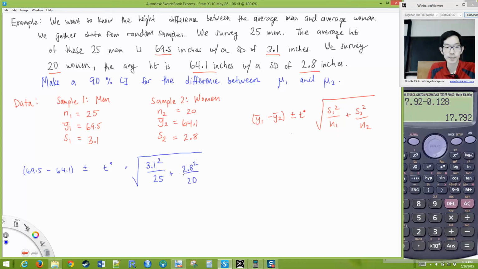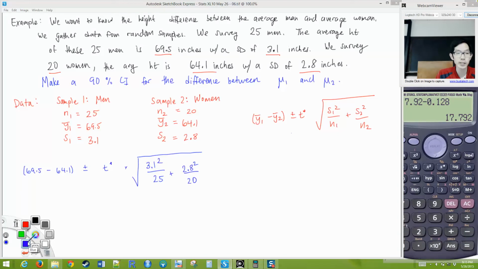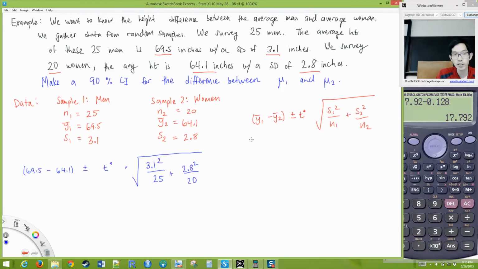Okay, the rules for finding t star: we have what percent confidence? 90% confidence, and degrees of freedom is equal to n minus 1, where I use the smaller of n1 and n2. So what do I use? I'm going to use 20 minus 1, so 19 degrees of freedom.